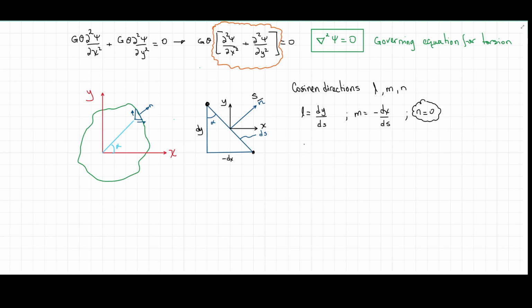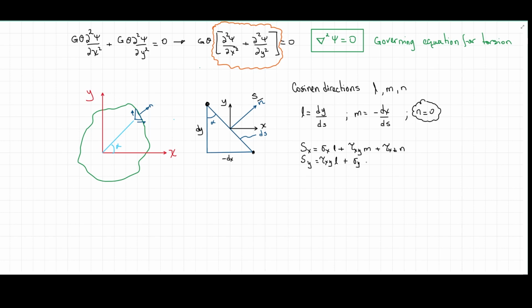For example, I can write it like this: in the x direction, it's going to be the normal component times L plus the shear xy times m plus the shear xz times this other n.